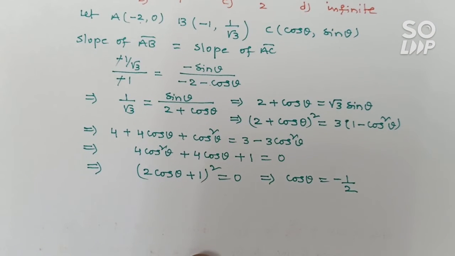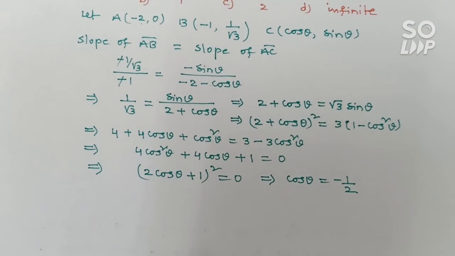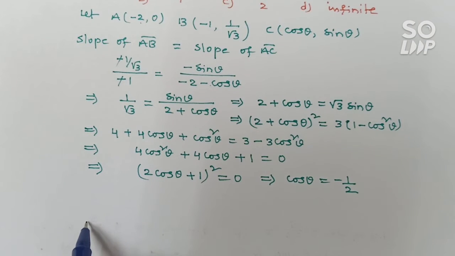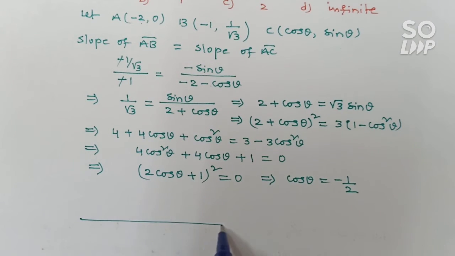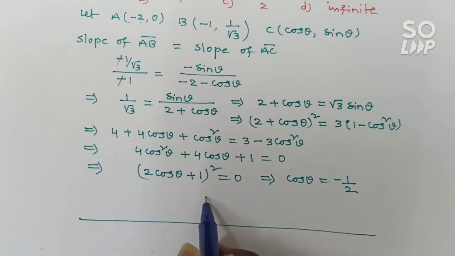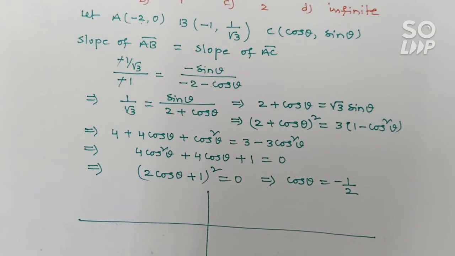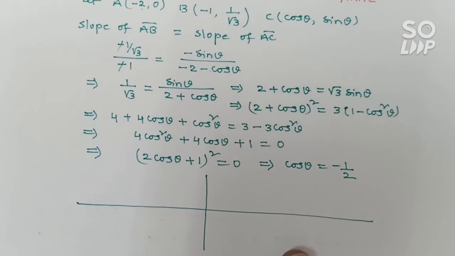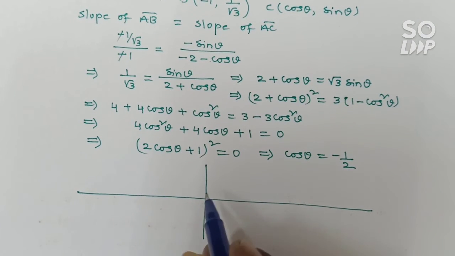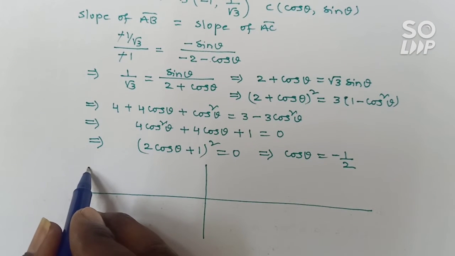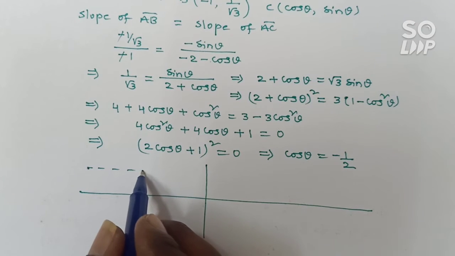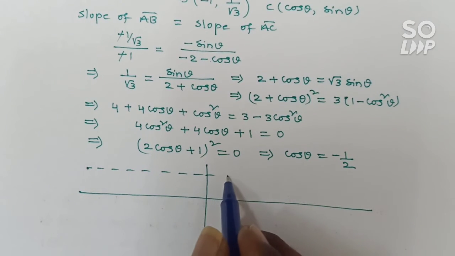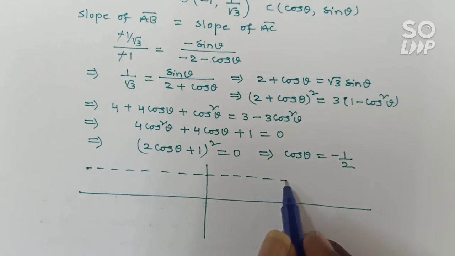So now tell me what is the graph of cos theta? See, here the graph of cos theta: this is the x axis and this is the y axis. What is the range of cos theta? Minus 1 to plus 1. Now here you draw one line at y is equal to 1, since the output range is nothing but the output.